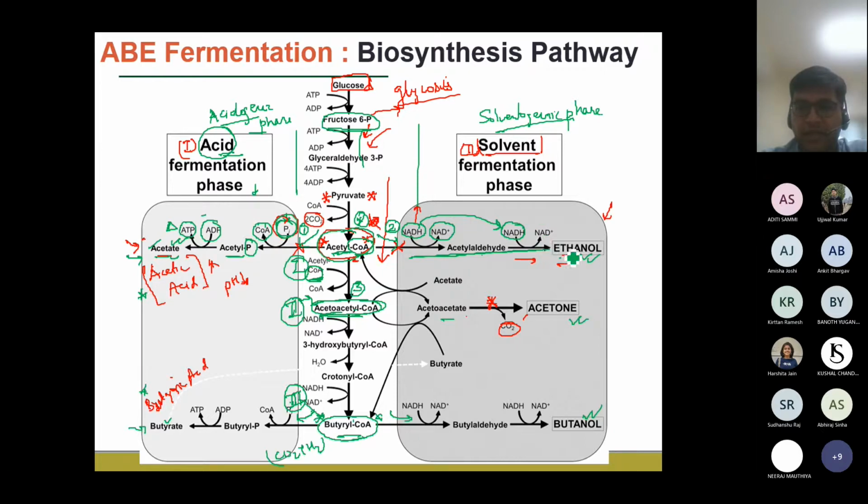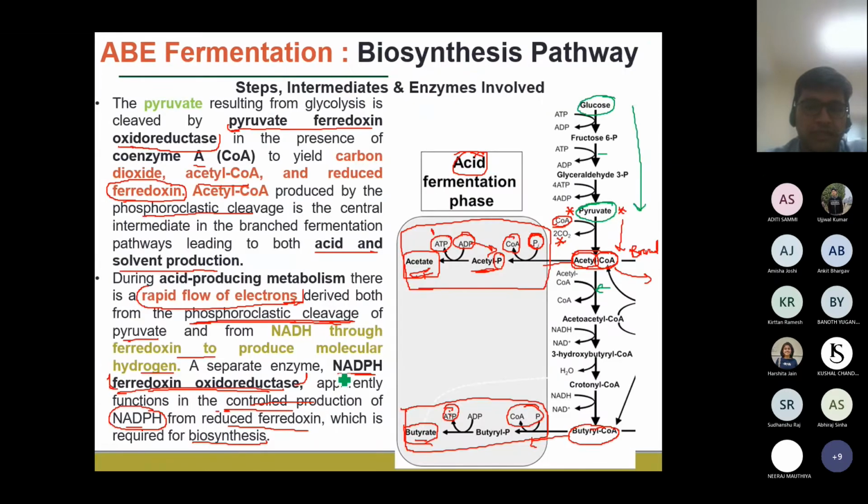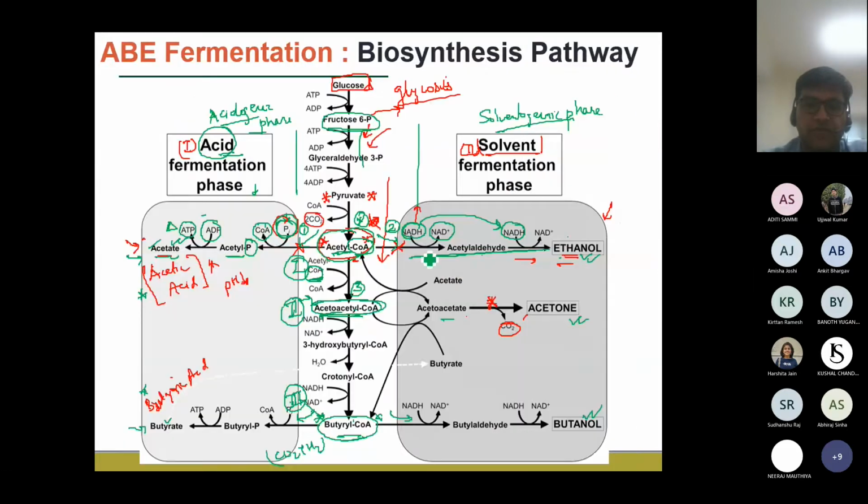If it is a solvent production, maybe ethanol, it will be only in presence of NADH. And the NADH presence can be controlled by several enzymes, especially one of the main factors is the enzyme ferredoxin oxidoreductase, because they control the production of the NADH in your overall fermentation media.